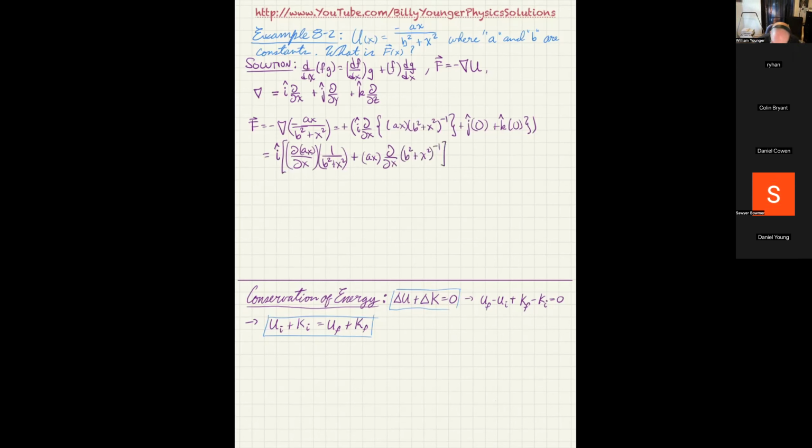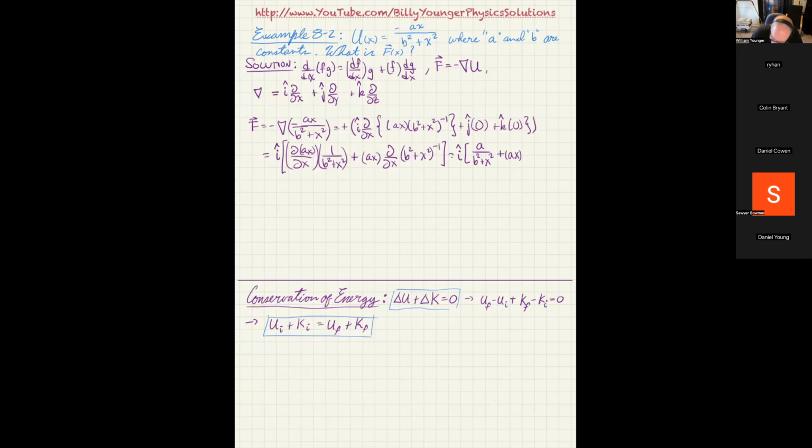And in doing that, you can see in the first case, the derivative of a x with respect to x is just a. So I'm going to go ahead and write that as a over b squared plus x squared, because nothing happens to the other factor. And then I'm going to say plus a times x.